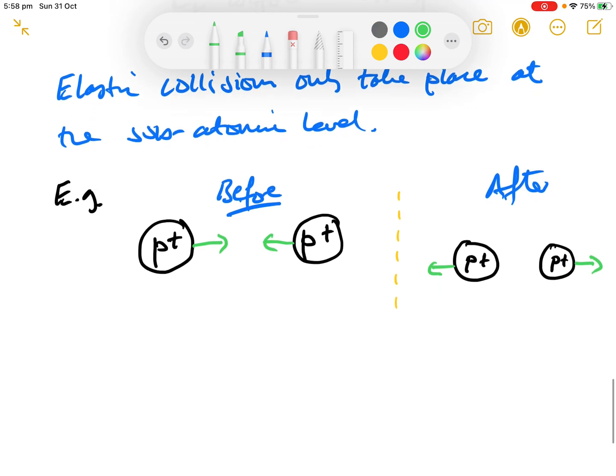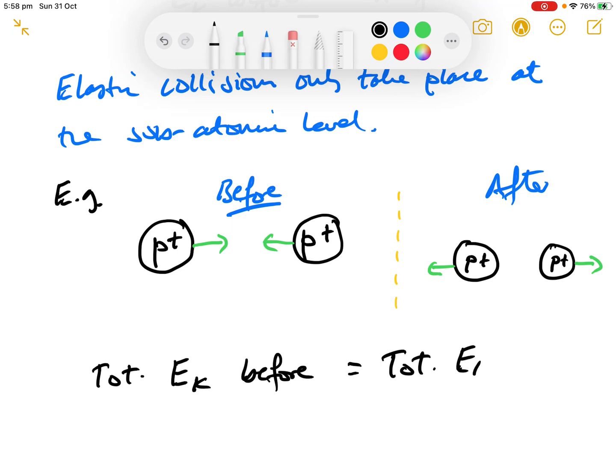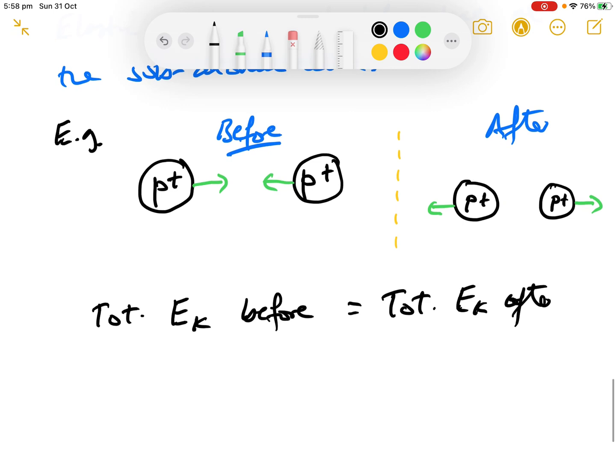And again, to check that it was perfectly elastic, you would have to calculate the total EK before to make sure that it equals the total EK after. You can't just assume a collision is perfectly elastic in an exam situation.